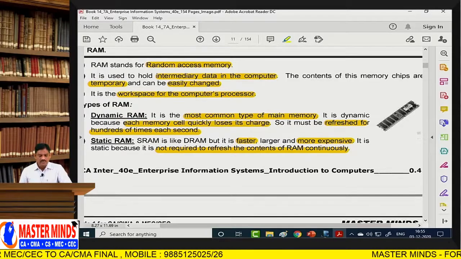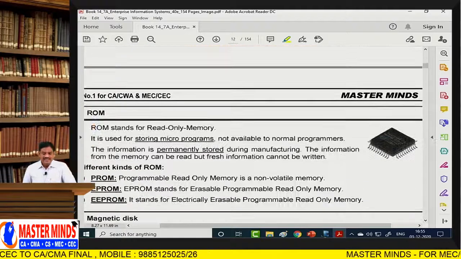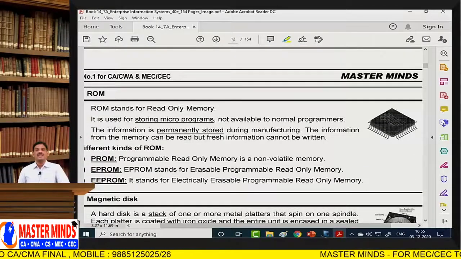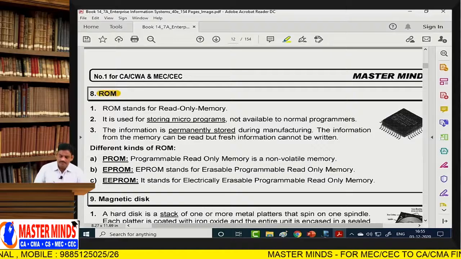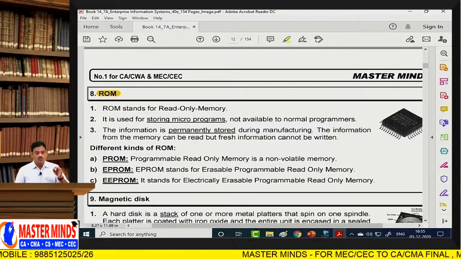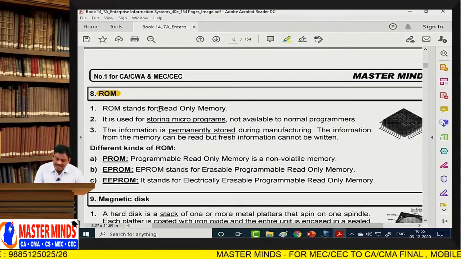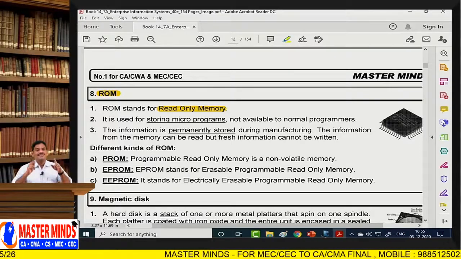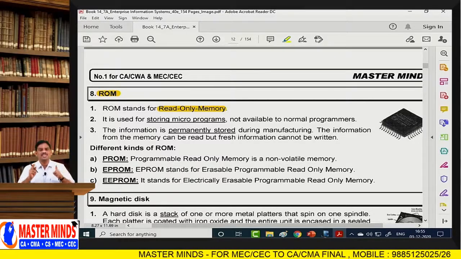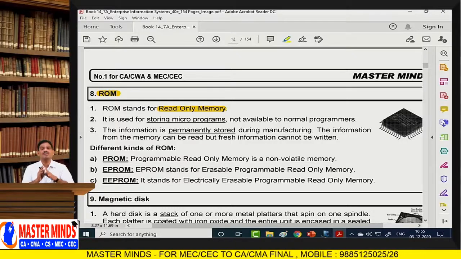Next point is read-only memory, ROM. Question number 8. ROM stands for read-only memory. These are the memory chips used for storing the programs from the motherboard manufacturer.